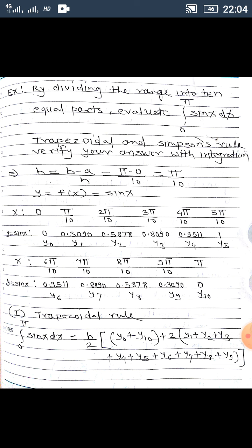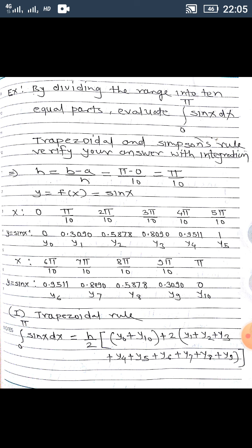In that, we will calculate the function value by substituting those x values in y equal to sin x. Substituting x equal to 0, sin 0 is 0. Sin pi by 10 is 0.3090; use radian mode to calculate. Sin 2 pi by 10 is 0.5878.